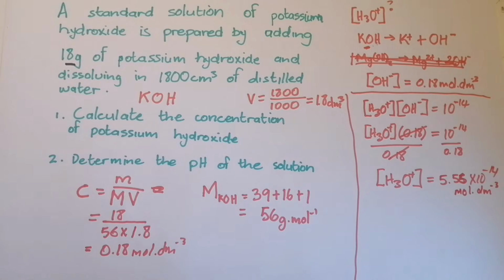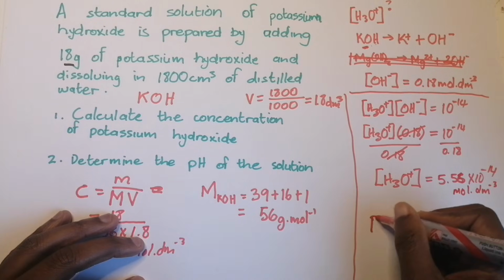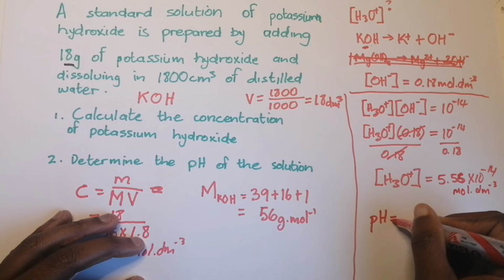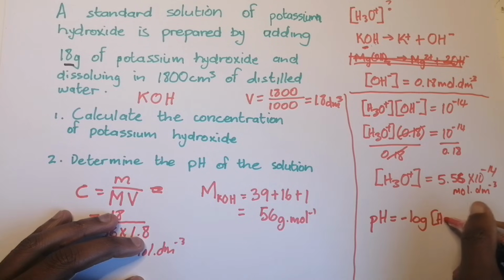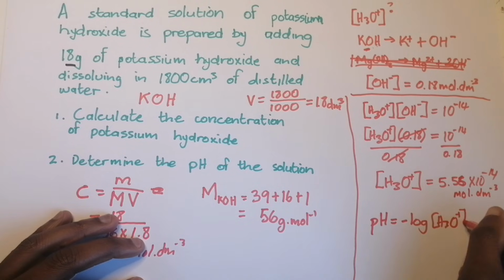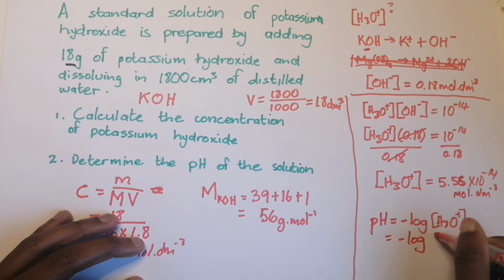Now, can I calculate pH? Absolutely. Now I know my concentration of hydronium ions, so pH is minus the log of my H3O plus concentration. So this is minus log of 5.56 times 10 to the minus 14.